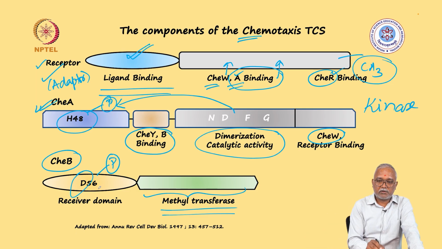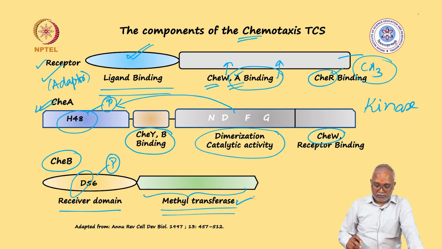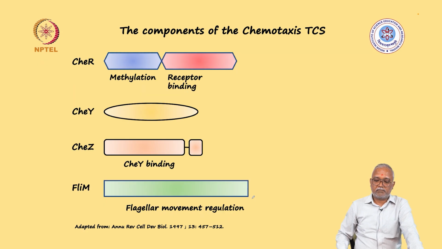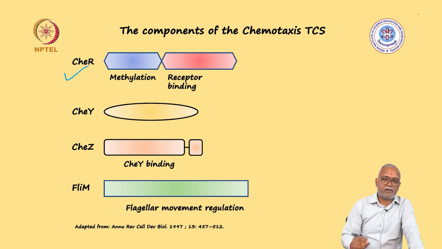Okay. So this is not the basal type of response regulator which has only the receiver domain, but this is a more complex type of response regulator which has additional catalytic activity of methyl transferase type. The other component of this signaling TCS is the CheR molecule.